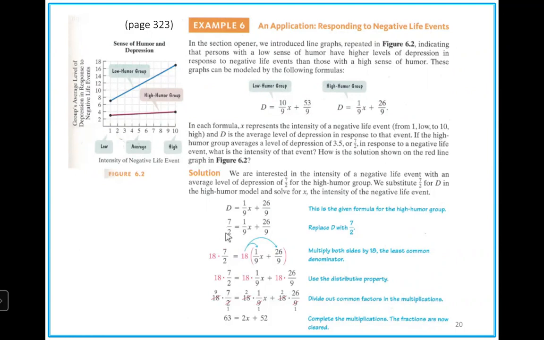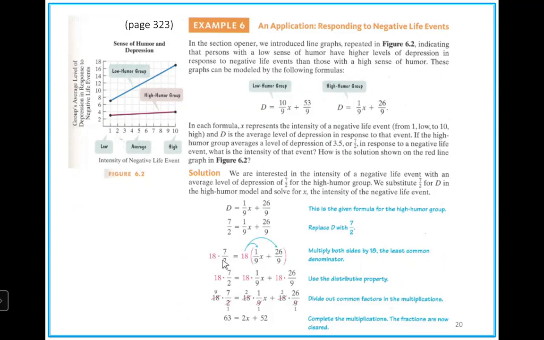So basically, we have three fractions here: 7 over 2, 1 over 9x, and 26 over 9. So the lowest common multiple for the 2 and the 9 is 18. So you're going to multiply by 18. 18 times 7 over 2.